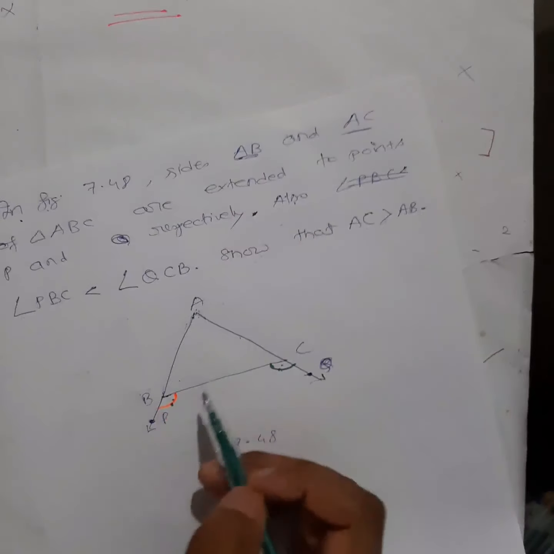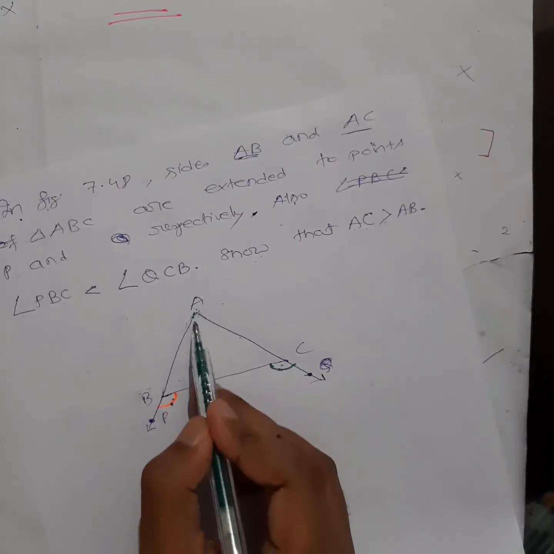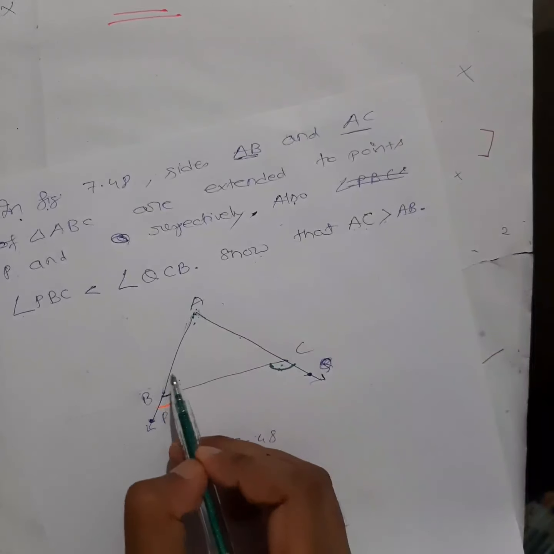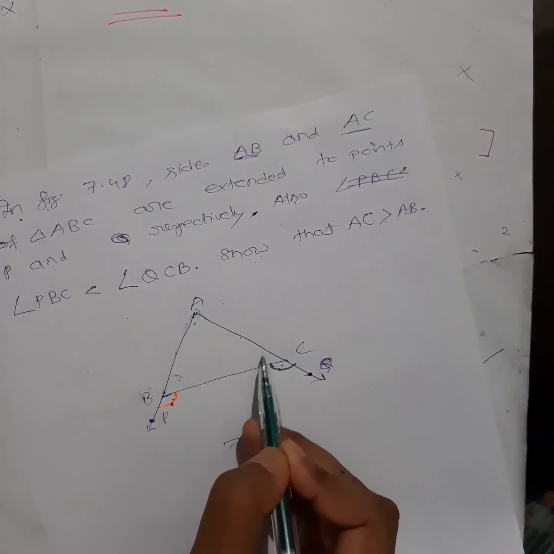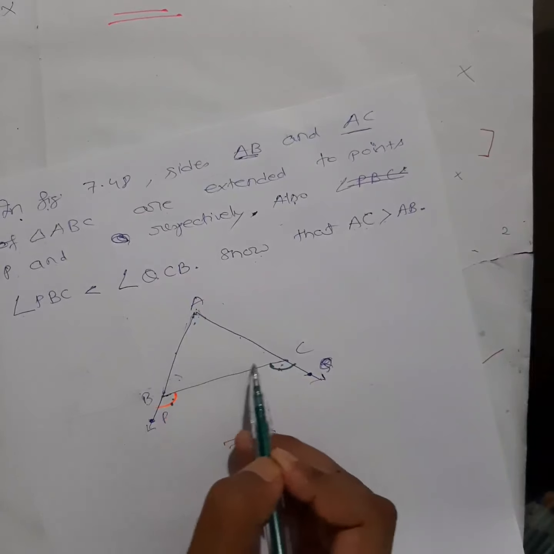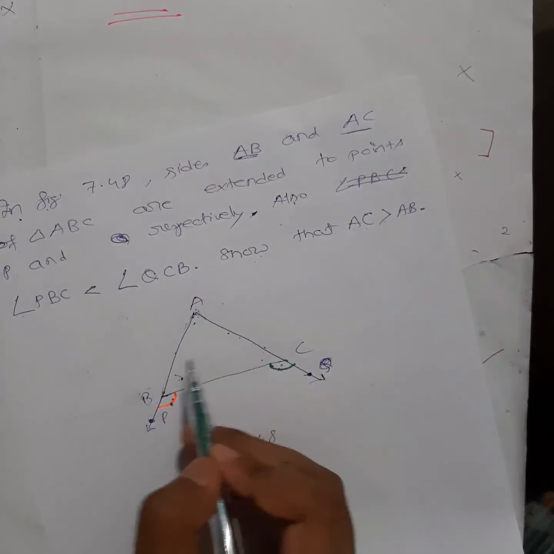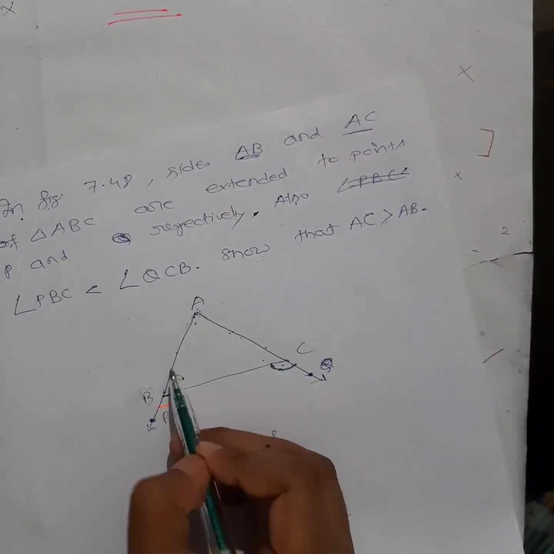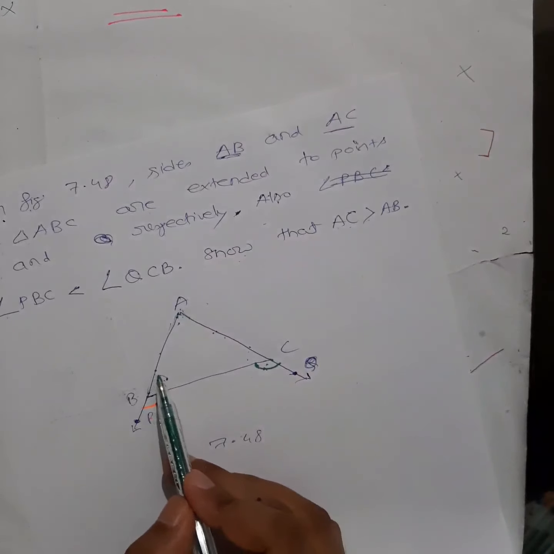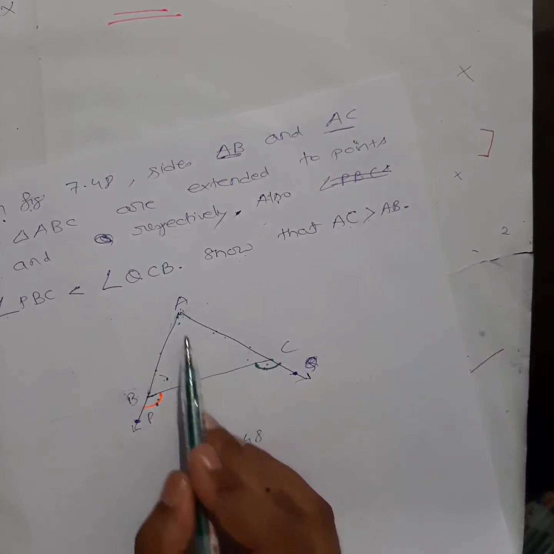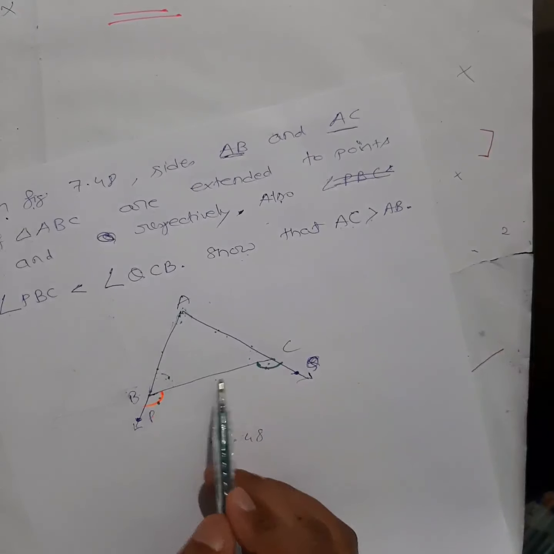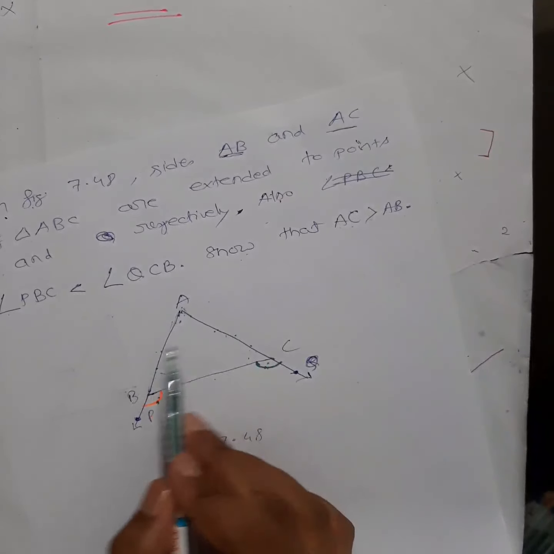So if I have to show AC is greater than AB, opposite to this side is the angle, and opposite to this is the angle. If I can show that this angle is bigger than this one, then the side opposite to it will be bigger, which means AC will be bigger than AB. No need to see this other one; I have to compare between these two sides only.